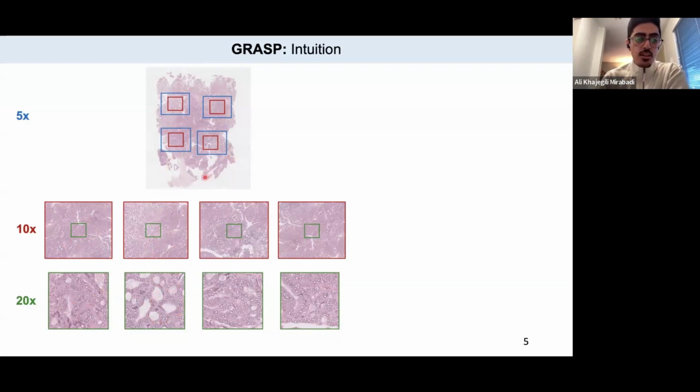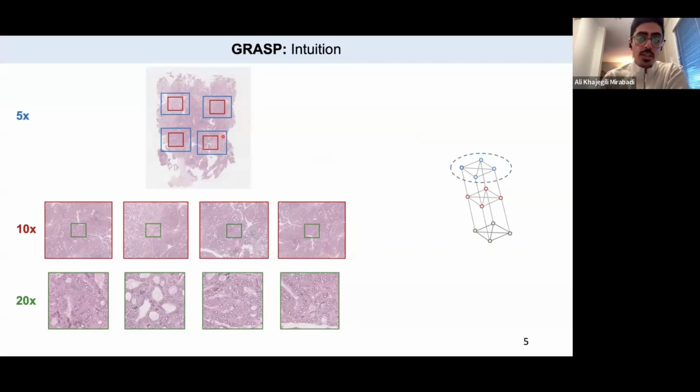With all of these regions of interest or patches, we want to build a graph. The way that we build the graph is mainly to represent 2 concepts. One is inter-magnification information, and the other is intra-magnification information.